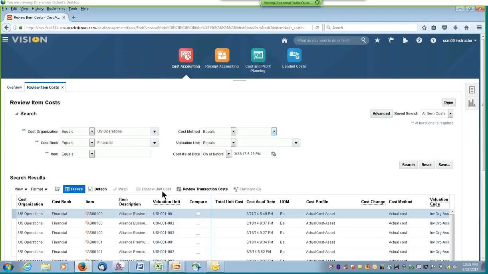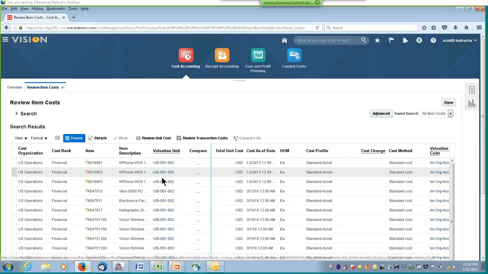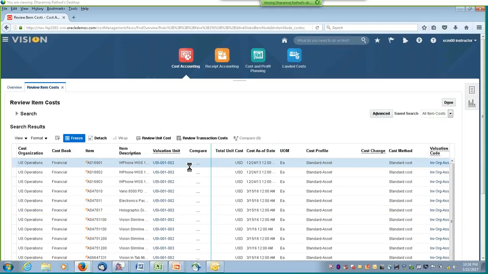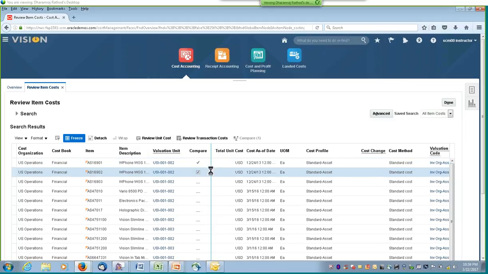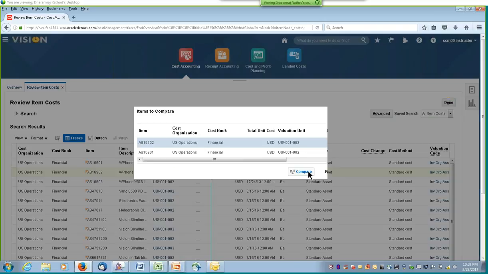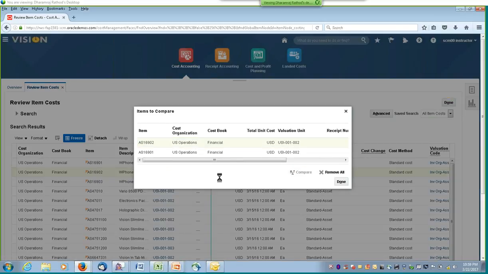And you can go compare the cost. You can say I want to look at all my standard cost within this cost organization and cost book, and then I want the flexibility to go compare it. So you can pick and choose the items and compare the cost, and when you compare it, you will be able to compare in context of various other attributes, like what I changed now. Then you can try and compare the same item and see why it is going up and down and so on.